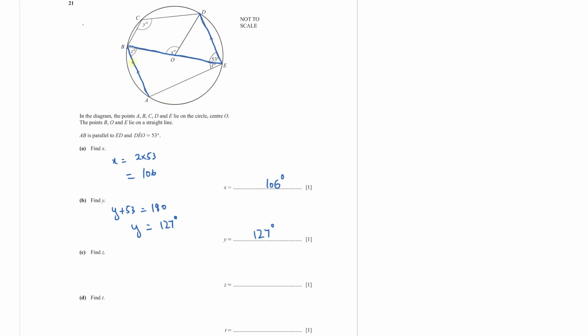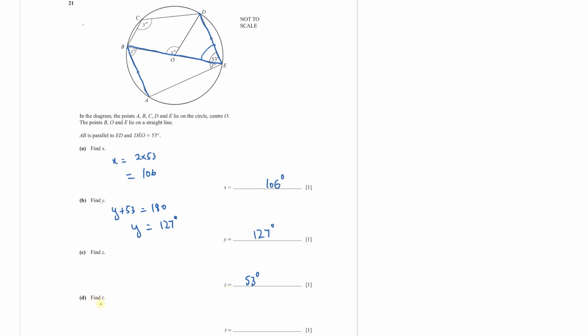So this angle Z and this angle BED are alternate angles, and you know that alternate angles for parallel lines are equal. So this angle Z will be equal to this angle, which is 53 degrees. So using the property of alternate angles for parallel lines, this angle Z will be 53 degrees.